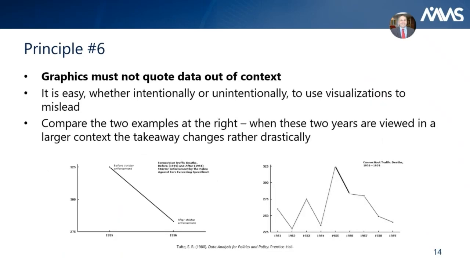So principle 6 is really about taking data in context. We often see this again in time series data when comparing different periods. For example, the graphs at the bottom, the one on the left looks like it's strictly decreasing, right? And these represent traffic deaths in Connecticut. So it may be strictly decreasing in that narrow 1-year period.